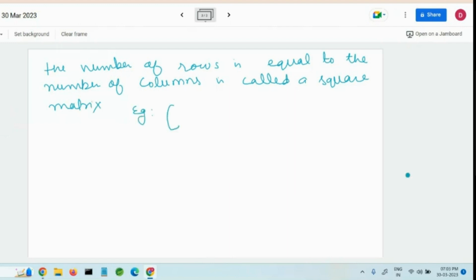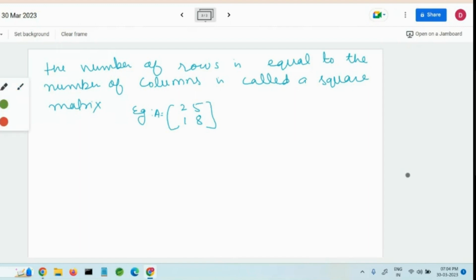Example is 2, 5, 1, 8. Here there are two rows and two columns, so the order of this matrix is 2 by 2. Both the number of rows and columns are equal, so we can say this is a square matrix.